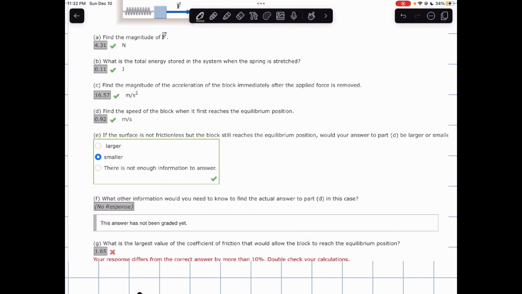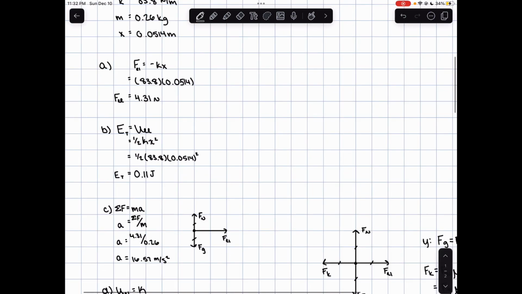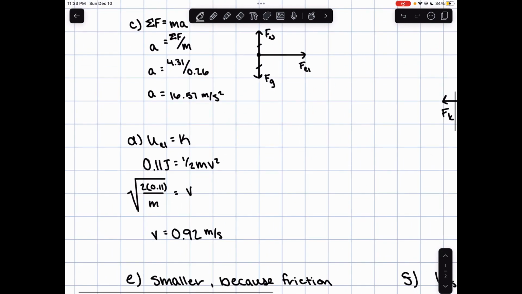Find the speed of the block when it first reaches the equilibrium position. For this, we know that all the energy is going to be going from elastic to kinetic. So we can set elastic energy equal to kinetic energy.